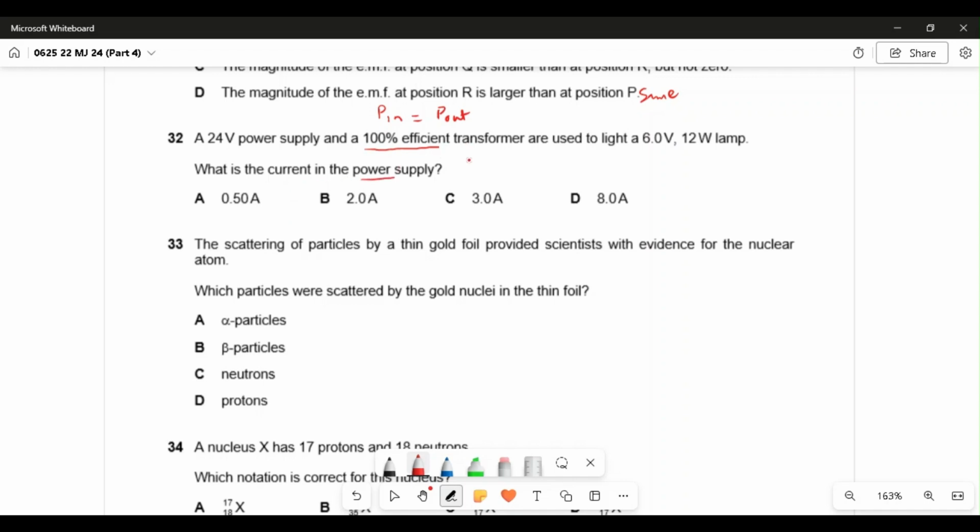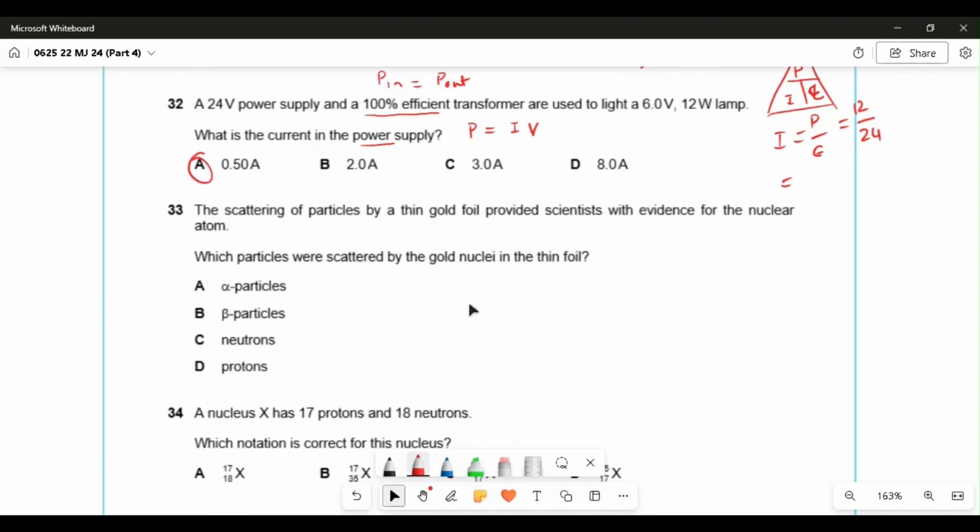We know that power is always equal to current times voltage, so P is equal to I times V. To find the current, I is equal to P over voltage. Power is 12 and voltage is 24. So it is 0.5 ampere.